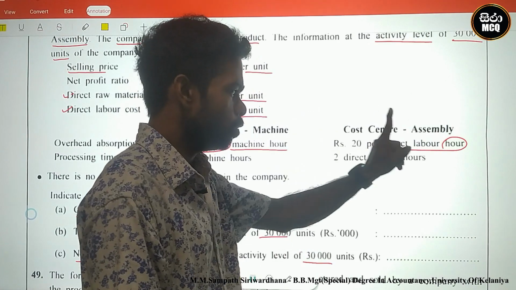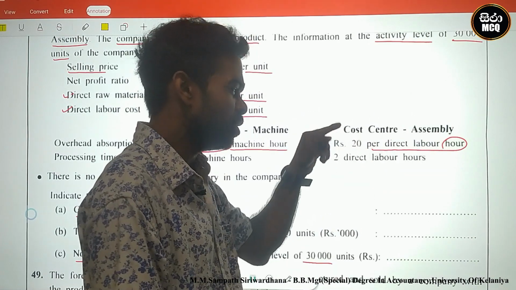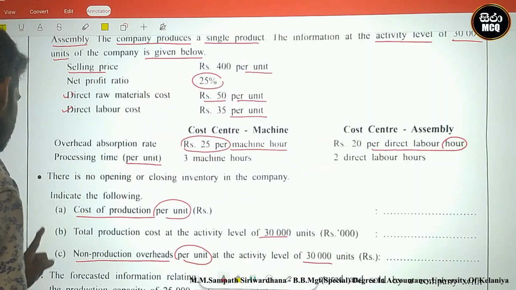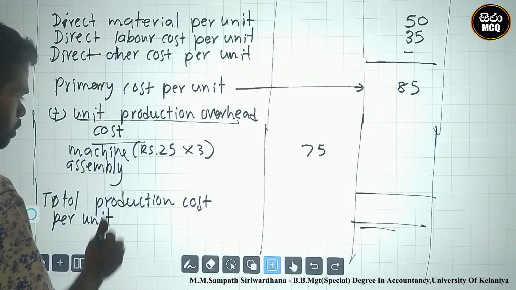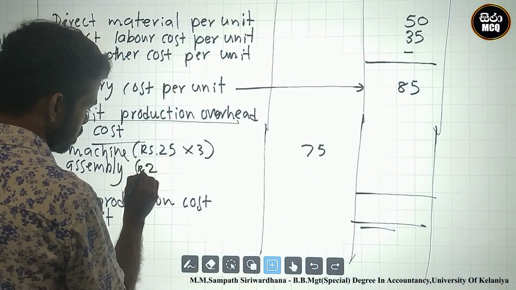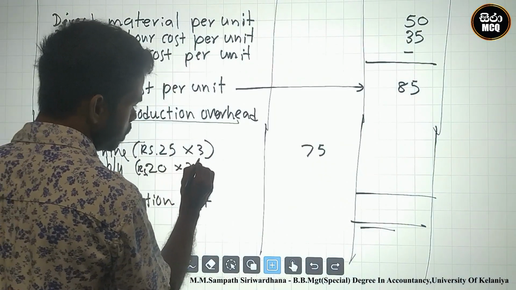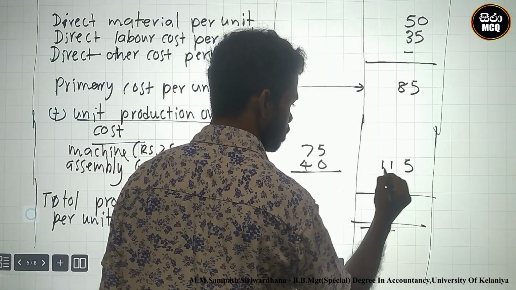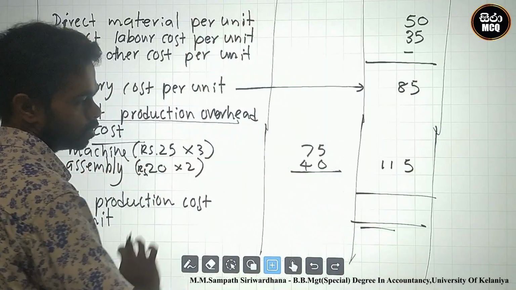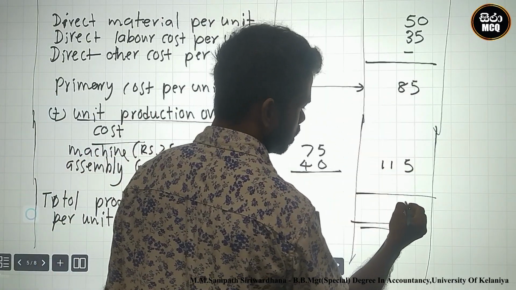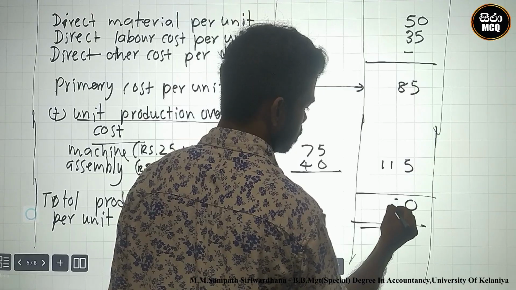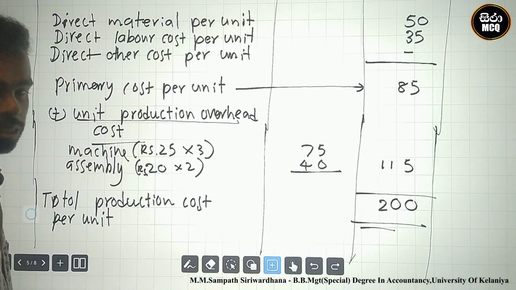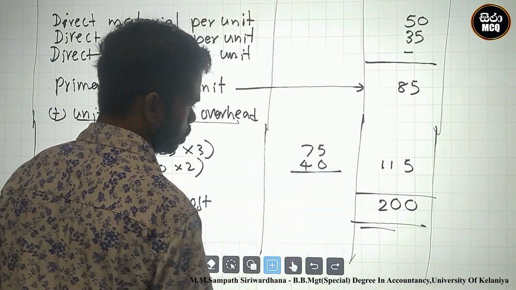Therefore, 1 labor hour is 20, and there are 2 labor hours to produce 1 unit, so 20 multiplied by 2 is 40. This is the overhead cost absorbed. We can get the sum of this, 200. 200 is the total production cost per unit. This is the answer.